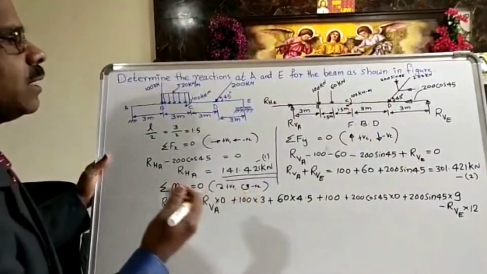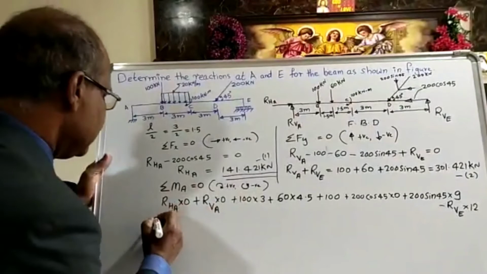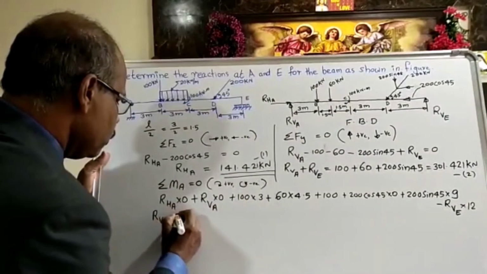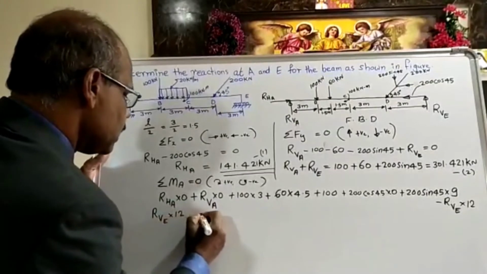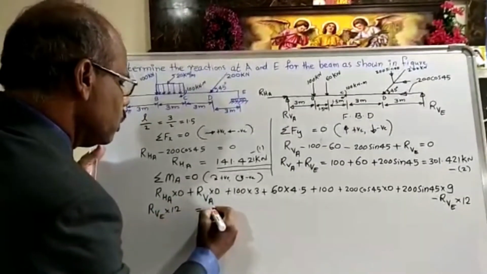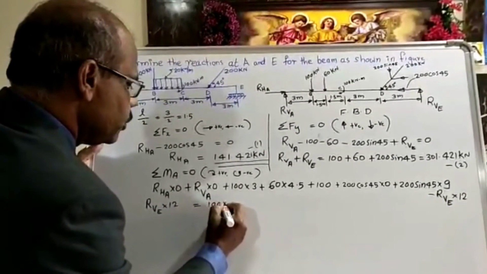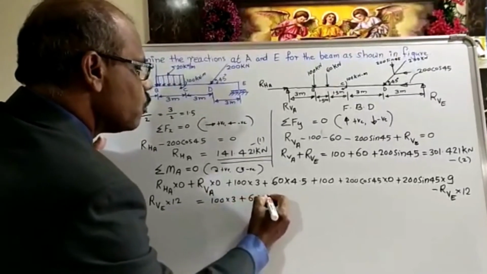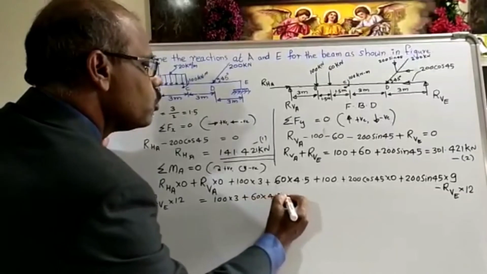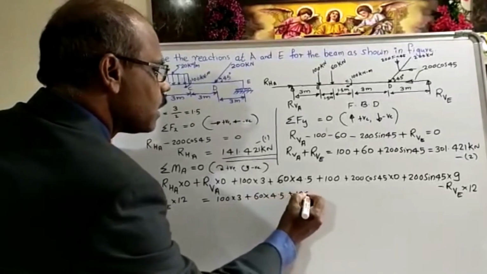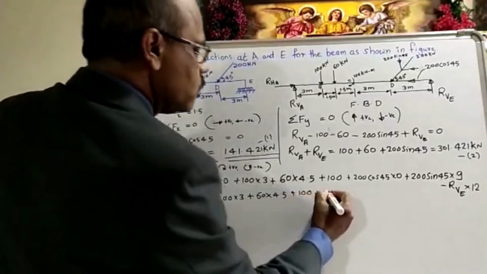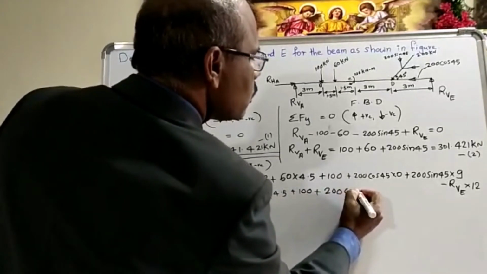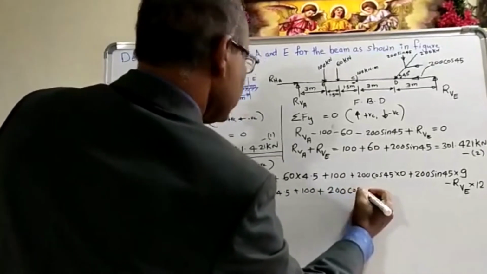Now we can take RVE here. RVE into 12 is equal to 100 into 3 plus 60 into 4.5 plus 100 plus 200 cos 45 into 0.